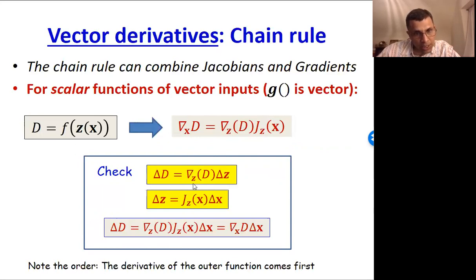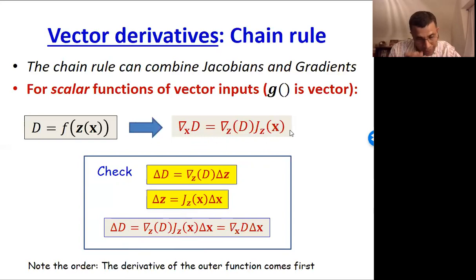Delta d is going to be the derivative of d with respect to z times delta z. And delta z is going to be the derivative of z with respect to x times delta x. Plugging this into this equation gives you delta d equals the derivative of d with respect to z times the Jacobian of z with respect to x times delta x, which tells me that this term over here is the derivative of d with respect to x, which is basically what we got in the chain rule.